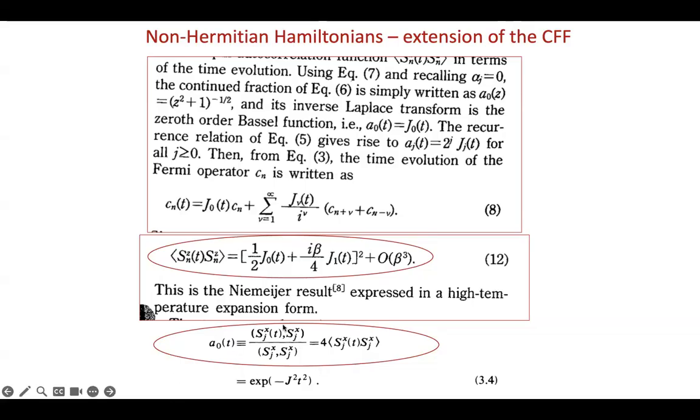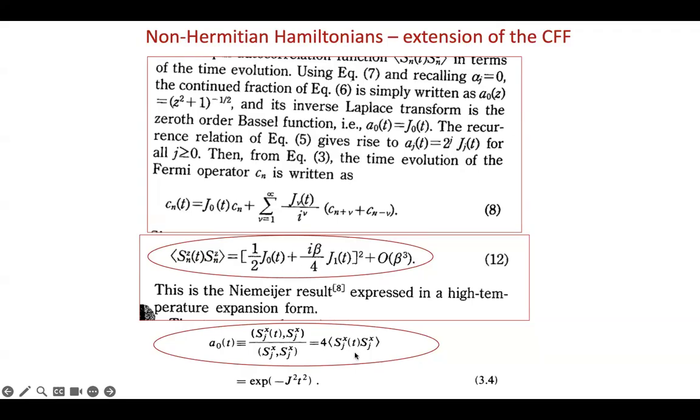And I've written here to remind you that this is the case we studied for the XY model earlier. And that was Sx j of t Sxj, not Szj of t Szj like here. This is more symmetric.